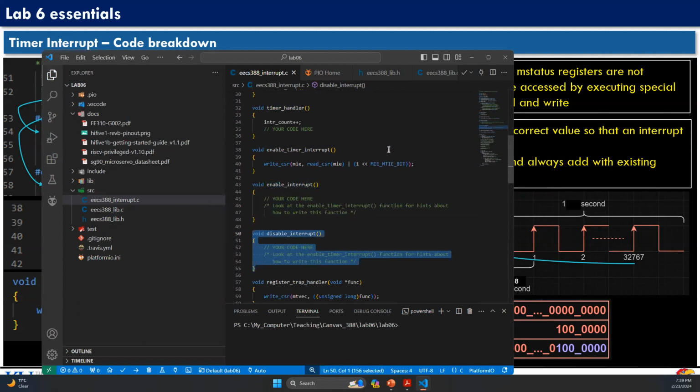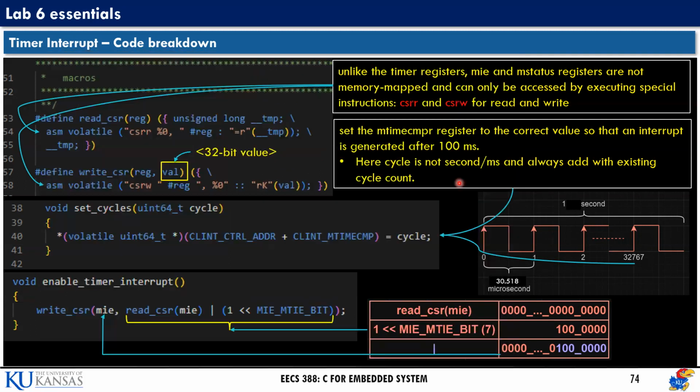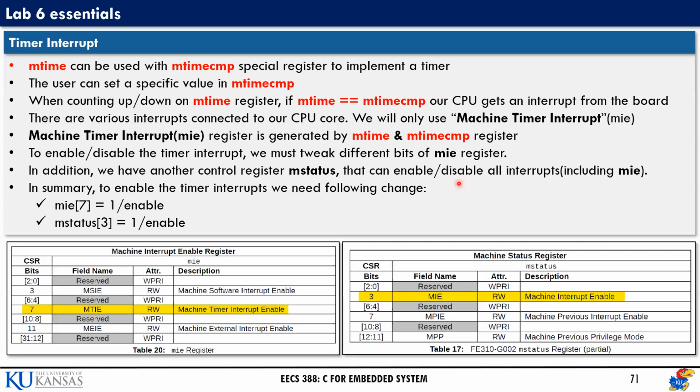As we already went through in our slides, we not only have to set bit 7 to 1 in the MIE register, we also have to modify the mstatus register, because the mstatus and MIE registers work together to generate the interrupt.